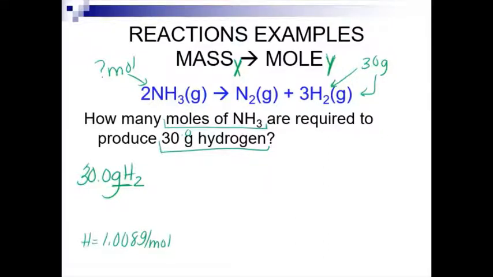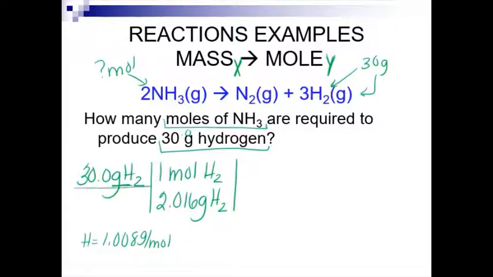Okay, so that means that 2.016 grams is H2's molar mass, and that's in 1 mole. Okay. Now, if I look at it, my grams are gone, and it's grams of hydrogen. It's very important that you write the hydrogen. It's very important that you cross it out. These are part of the unit.